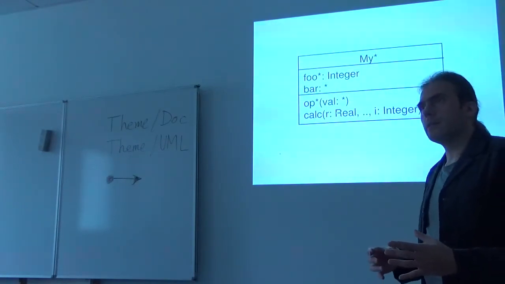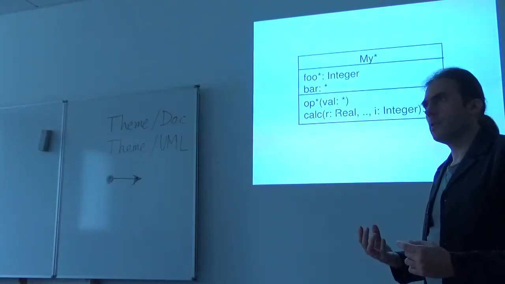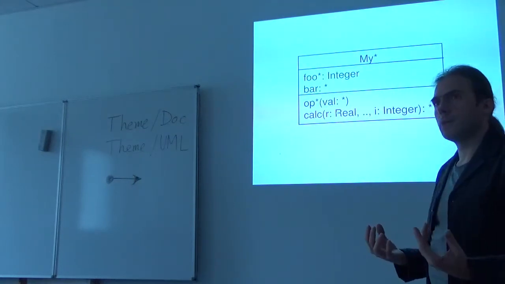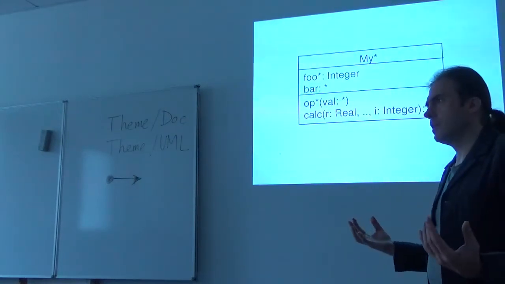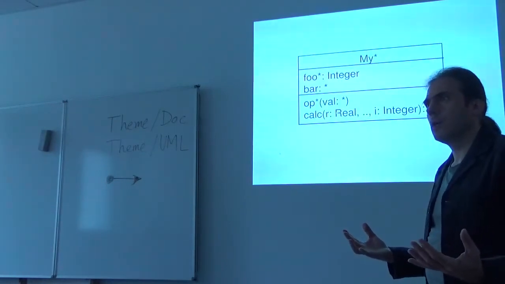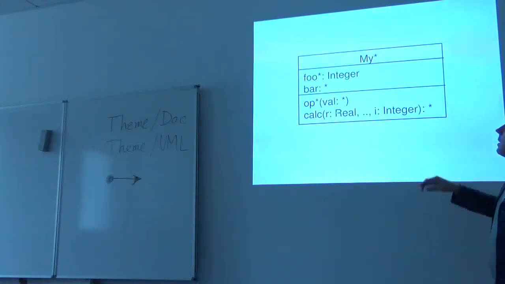And there is a way to query graphical models as well. You can query them textually by using textual expressions, but you can also imagine querying them graphically, like this.